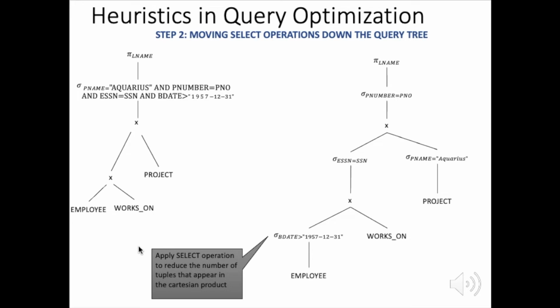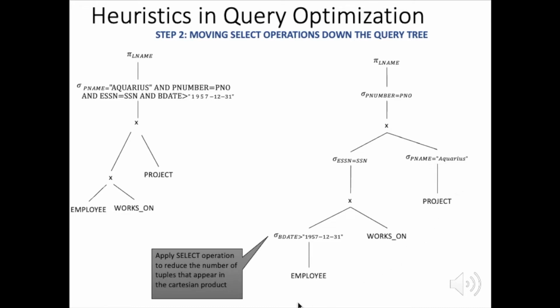Okay, in the next step, we move the select operation around the query tree. Motivation dito is that we want as much as possible na filtered na yung mga tables natin from the bottom parts of the tree. So, if we apply the select operation, ang i-return na lang ng operation na to ay some subset of employees na pinanganak 1958 and later, and then just one record with pname na Aquarius.